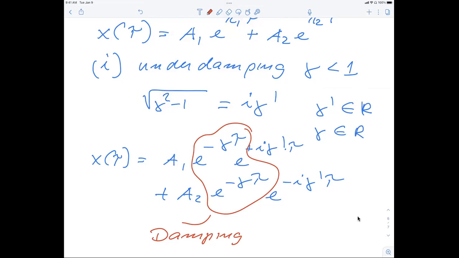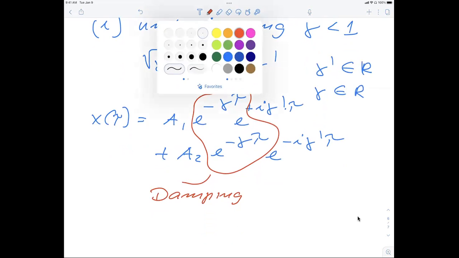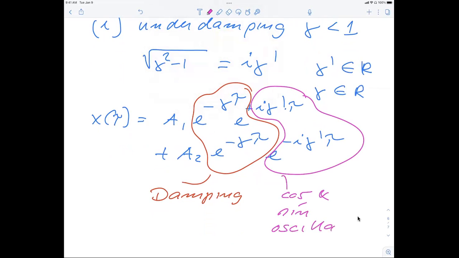If gamma is a large number, though still less than 1, this may actually be damped pretty fast. And the next term here is going to give us the cosine and sine oscillations. So that's pretty neat. That agrees with what we saw numerically.